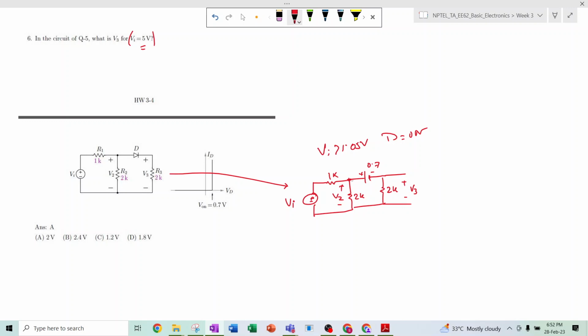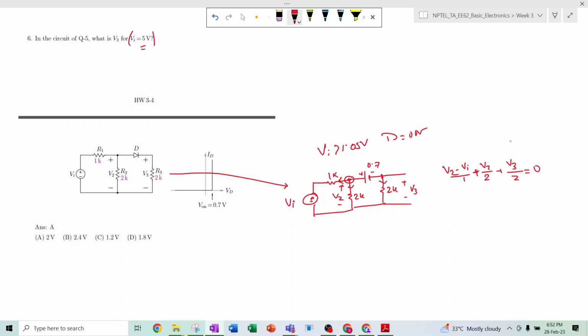So here this is the super mesh. So the current flowing in this direction, we are applying the KCL. So (V2 minus Vi) divided by 1, the current flowing in this direction, plus V2 divided by 2, the current flowing in this direction, right? Plus V3 divided by 2 is equal to 0.